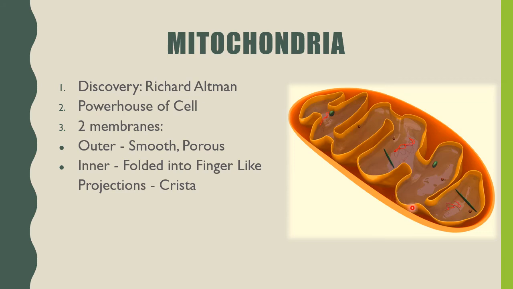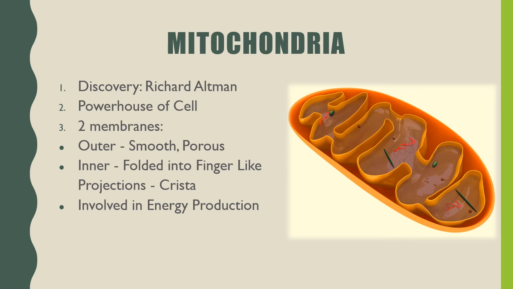Now there is one very special thing about mitochondria making it even more powerful. It has its own DNA. You can see these red thread-like structures. These are the DNA of mitochondria. Now what does that mean? It can make itself.